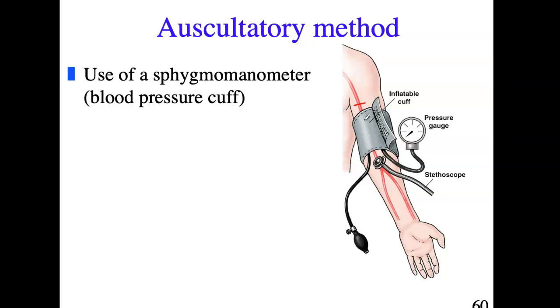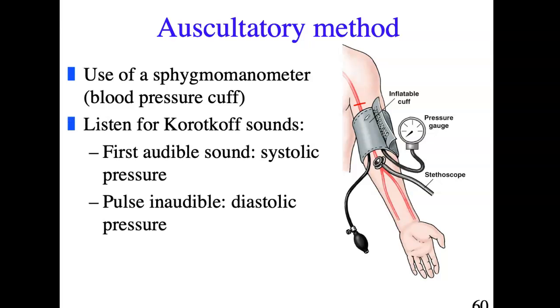So there's the cuff on, and to listen for the sounds, you would have the first audible sound. So remember, we've closed it off here, and now we allow you to open that up, and you're going to hear that first sound at a certain pressure, right? So let's say it's here. At a certain pressure, you're going to first hear this turbulence. That's going to be the top number of yours. So let's just guess here.